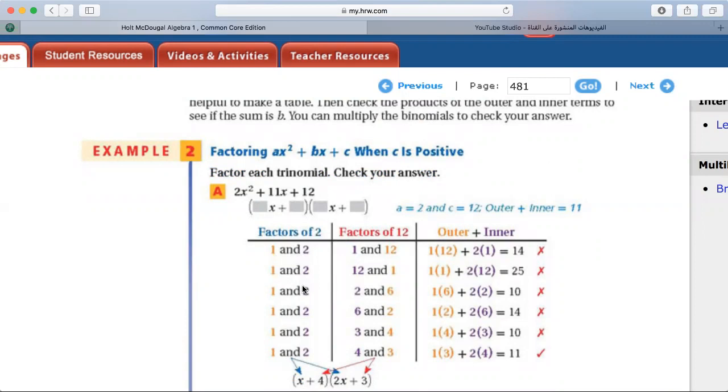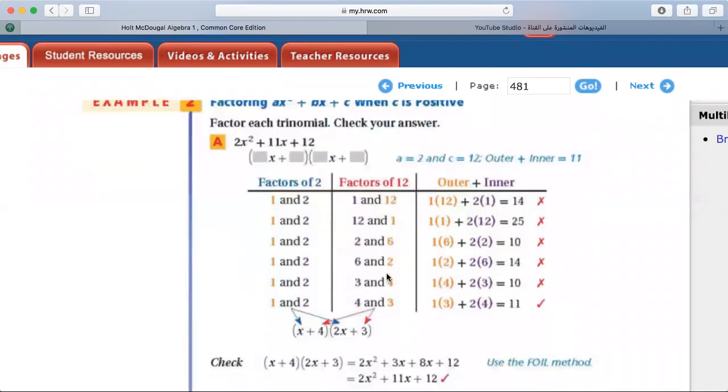I will keep fixing 1 and 2. For 12, I will do 1 multiply 12, and I will change the places: 12 multiply 1. Then 2 multiply 6. Then 6 multiply 2. Then 3 multiply 4. Then 4 multiply 3. I will keep changing the places of the factors of 12, factors of C, till I get the correct outer and inner products.